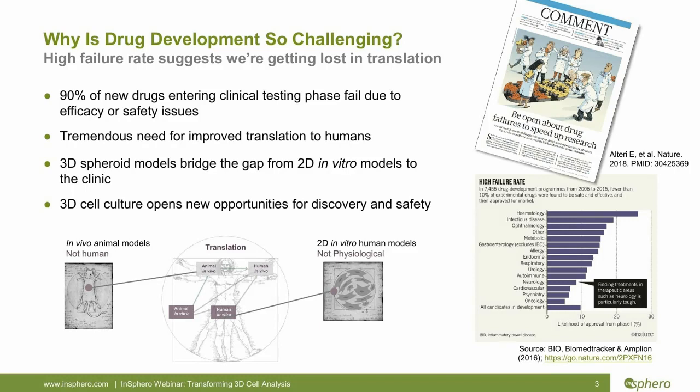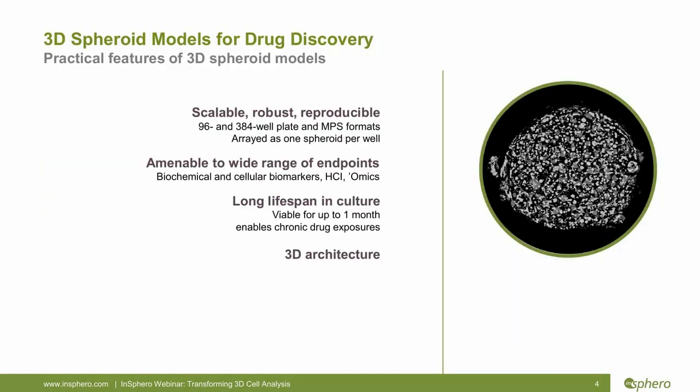In contrast, 3D human in vitro models exhibit a number of physiological features that can partially bridge these gaps. And on the next slide, I'll review a few of these features. There are many types of 3D models, including bioprinted, scaffold-assisted, organoids, and scaffold-free spheroids.